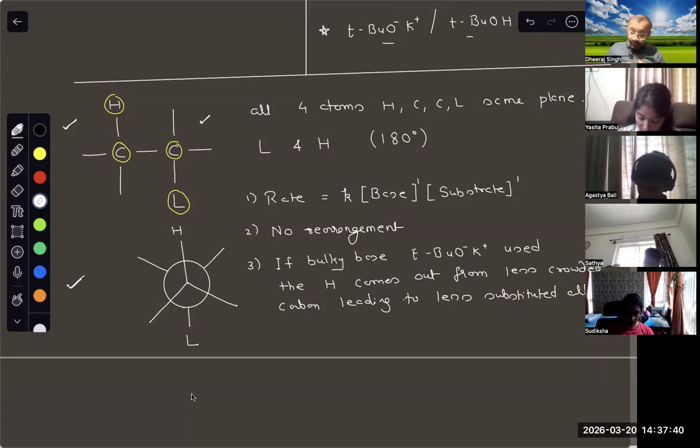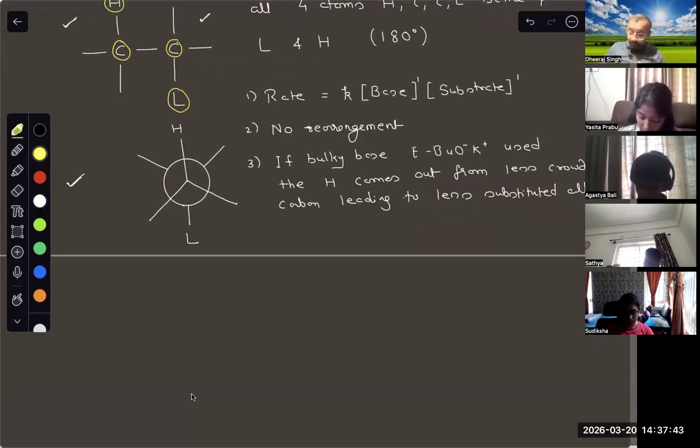A bulky base is like tertiary butoxide. How does it look? I'll show you. This is tertiary butoxide.